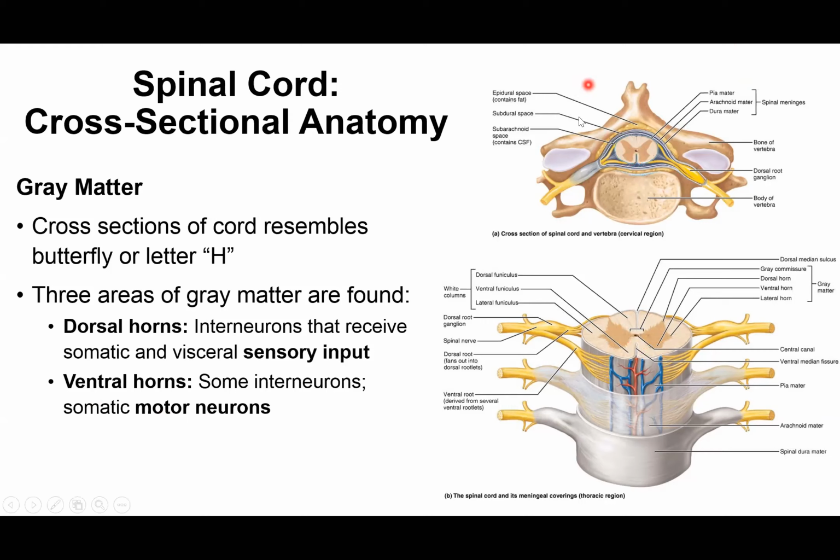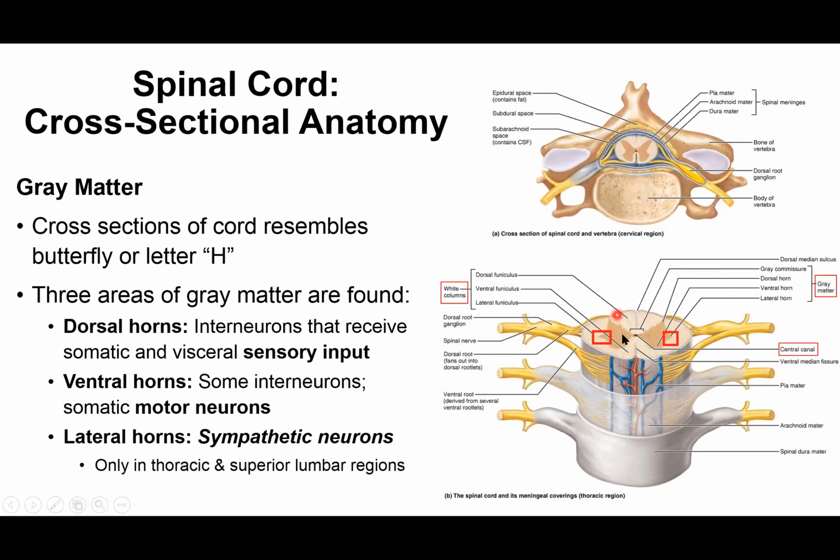And then finally, we have these lateral horns, and the lateral horns are special in that they contain sympathetic neurons. Okay, so neurons that are associated with the sympathetic nervous system. And as a note, you probably saw that I didn't draw around the lateral horns in the cervical region because there are none.